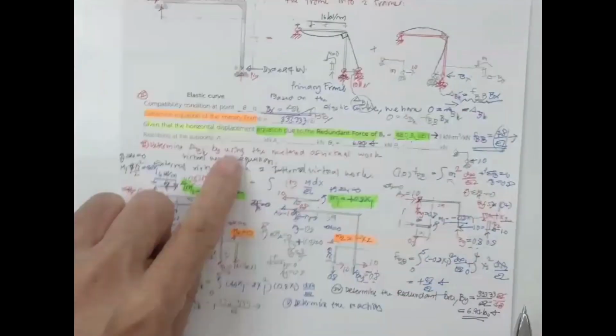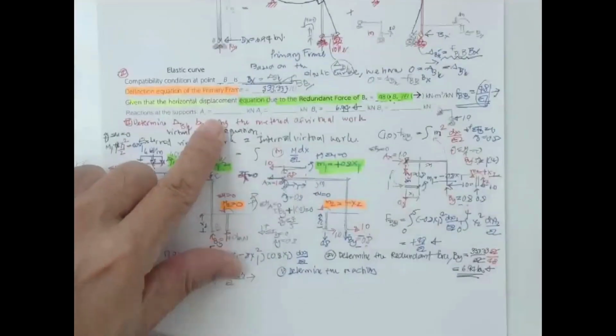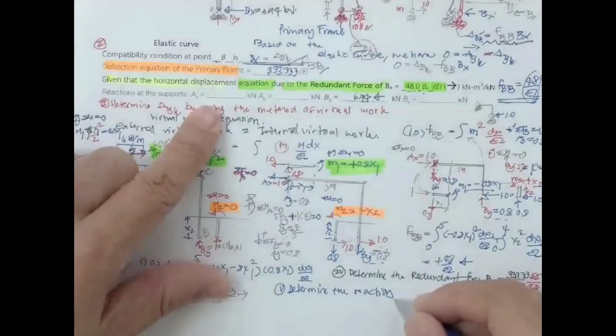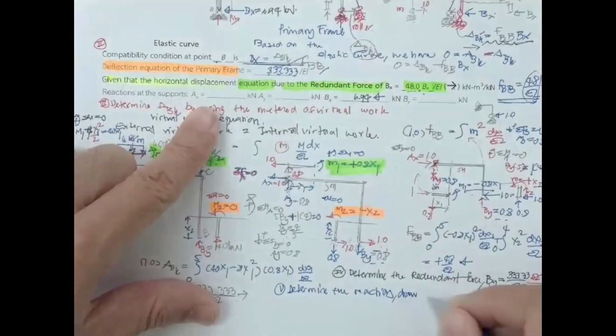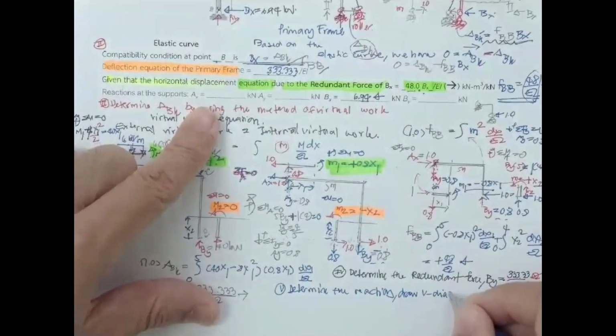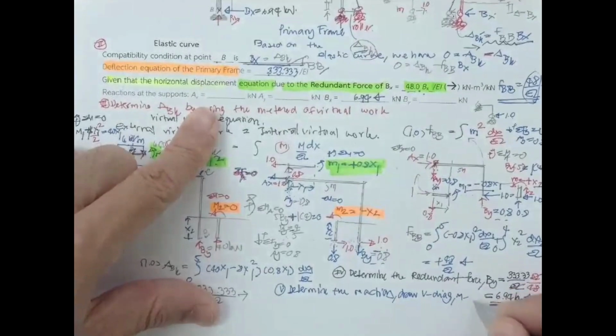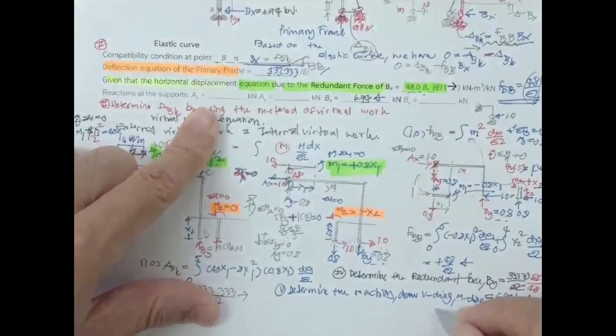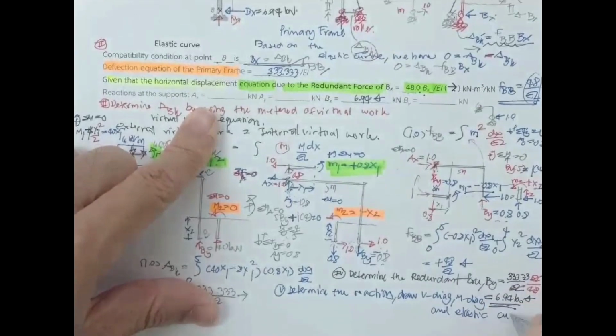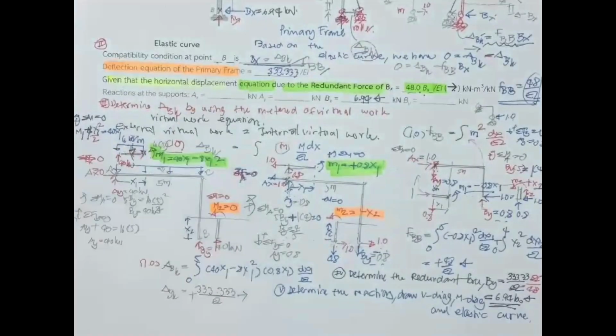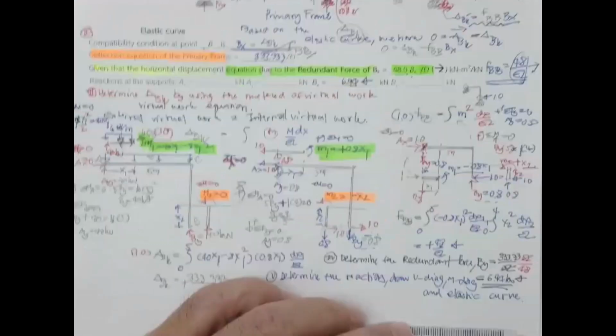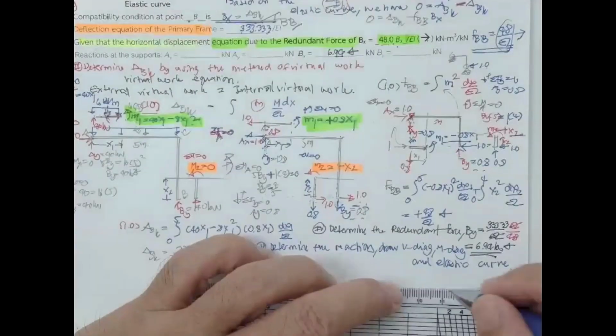We're gonna determine the reaction for A sub X, A sub Y, and B sub Y, and draw shear diagram, M diagram, and elastic curve. Let me take you over here. Okay, let me find the reaction.